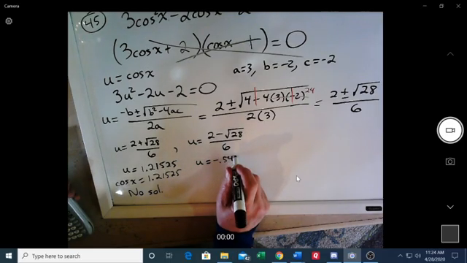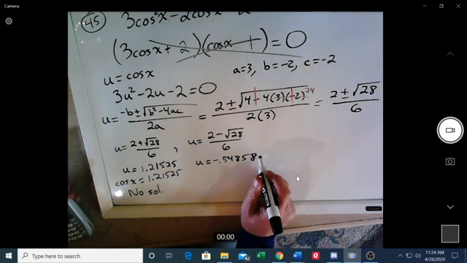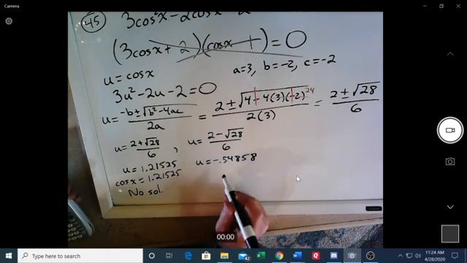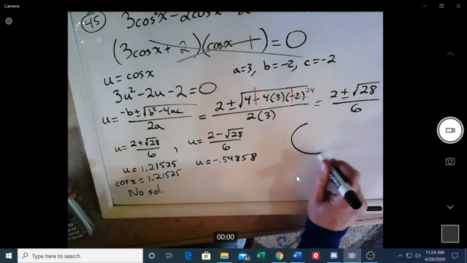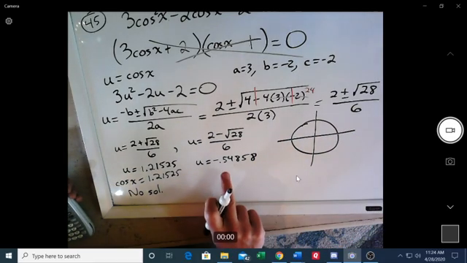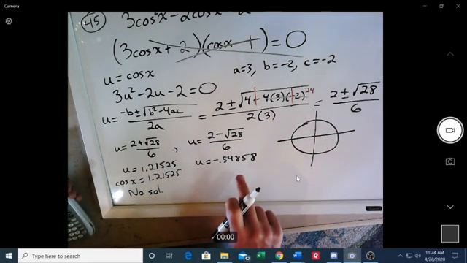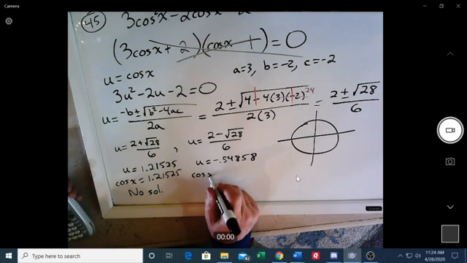Negative 0.54858, and then this one is just like we were doing in the practice quiz.